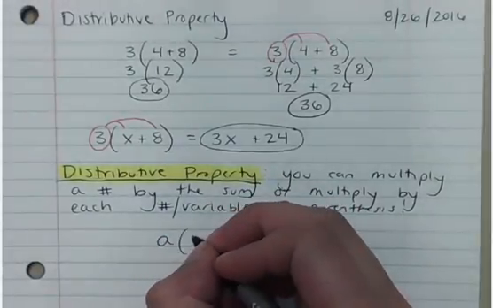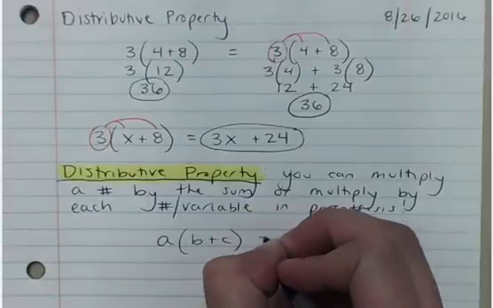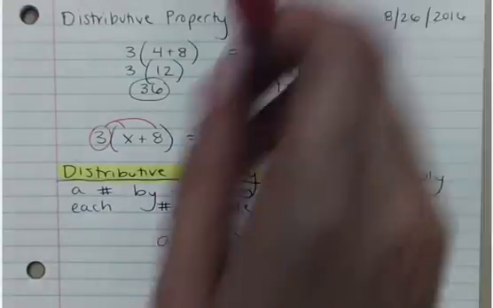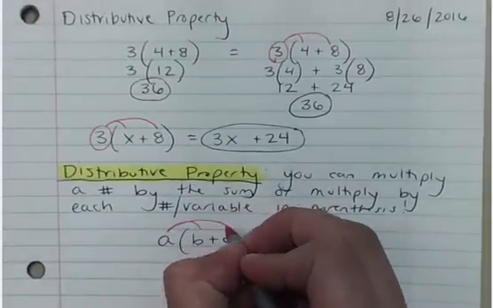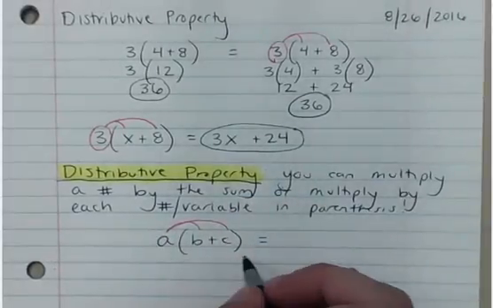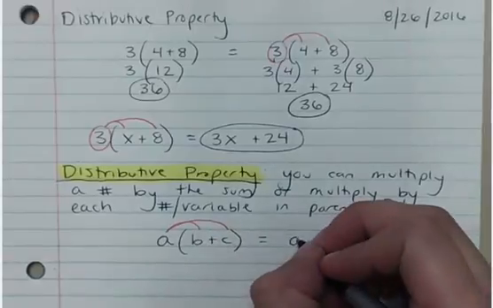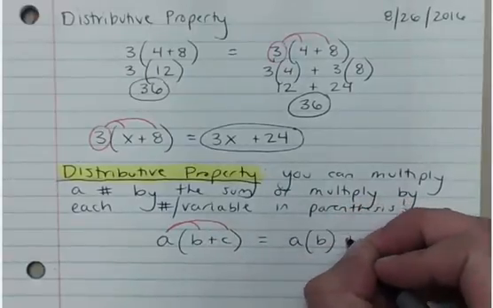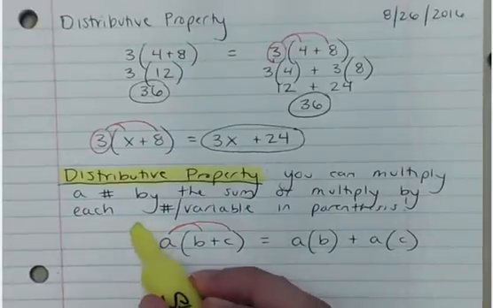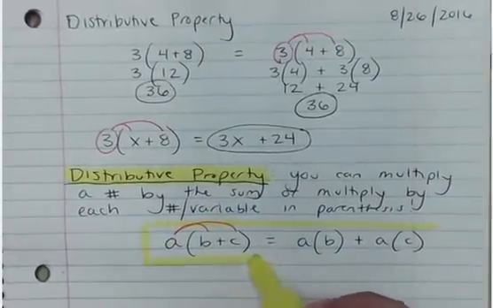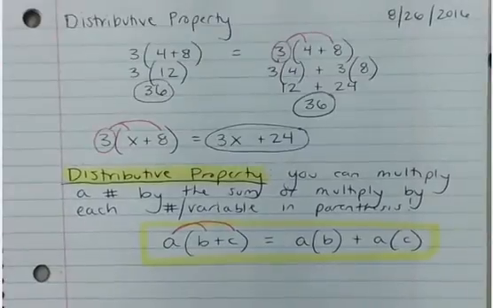So if I have A parentheses B plus C, to show the distributive property rule, they would show you arrows. And the second part of this, if I distribute A times B, it would look like this, plus A times C. So this algebraic way of writing the rule out, you'll see quite often when it comes to algebra.